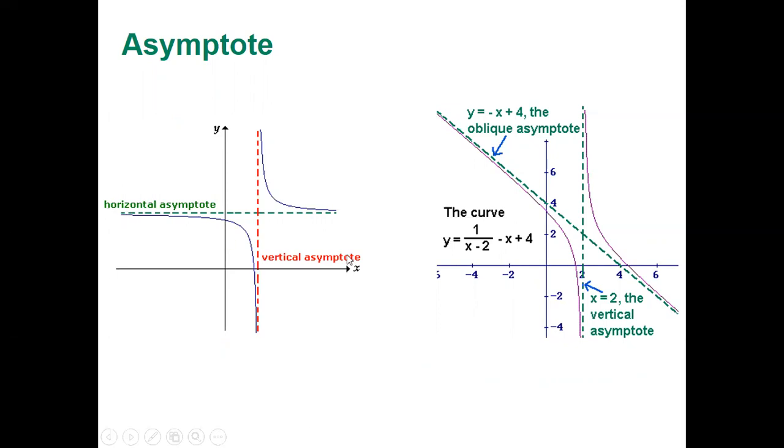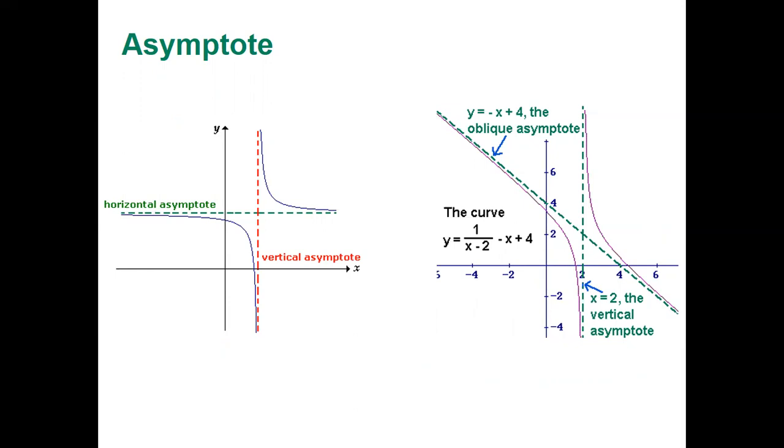If you look right here, you cannot have a graph with oblique and horizontal. You're going to have one or the other or neither, okay? You can have a graph with vertical and horizontal or vertical and oblique, but you will never have oblique and horizontal.